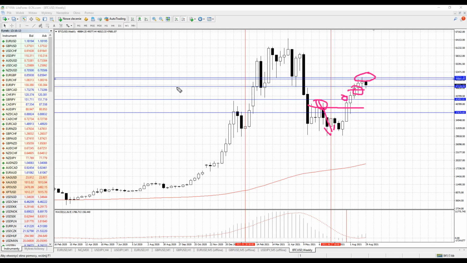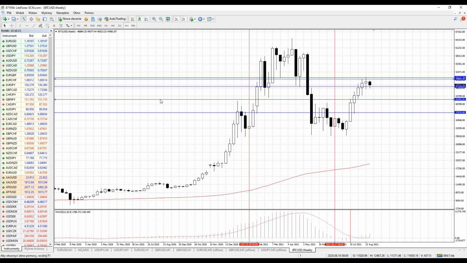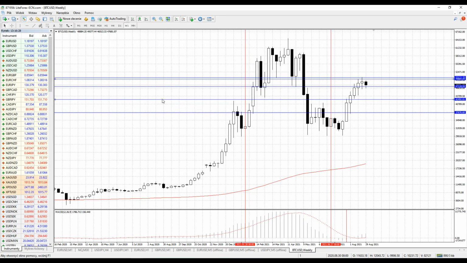In other words, swing high, because it's been broken, retested, right? So what I'm looking for when it comes to Bitcoin, based on the weekly chart, is that particular zone.